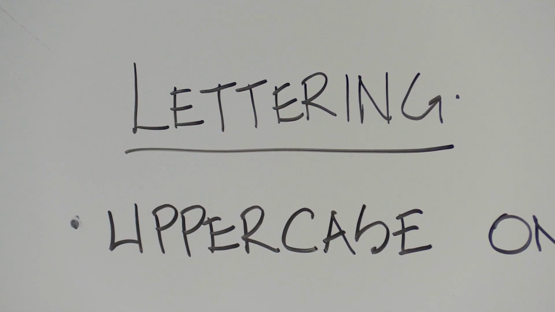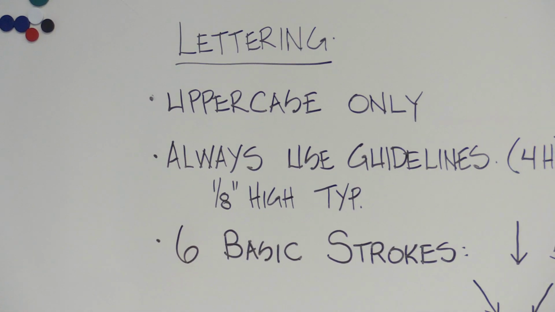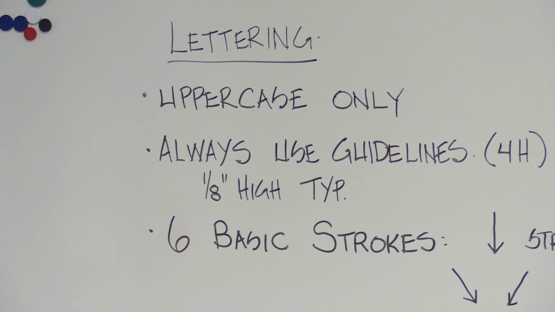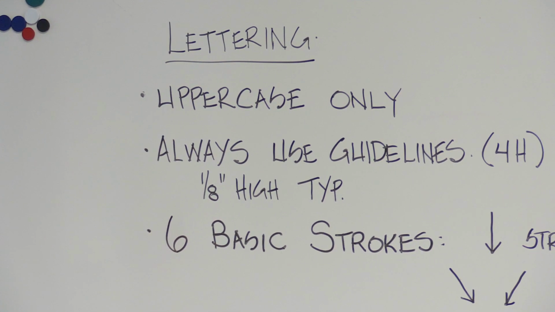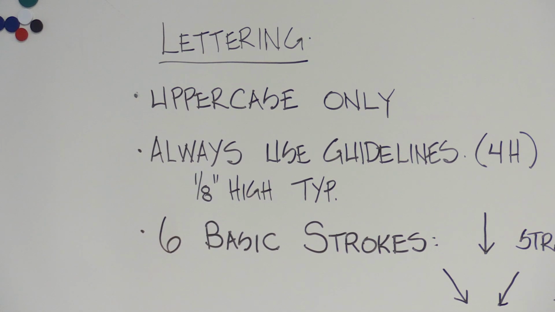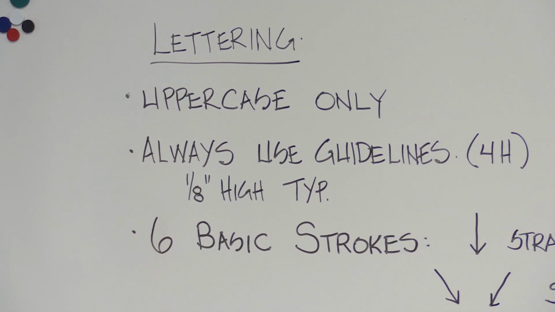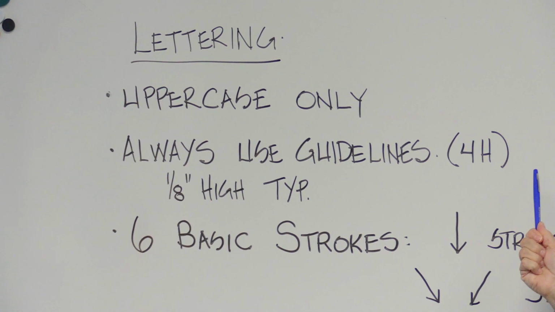And now I just would like to review some of the key guidelines for your lettering. Remember to always use uppercase only. I know you're used to writing upper and lowercase letters, but for drafting and architectural purposes, only uppercase letters. Always use your guidelines.